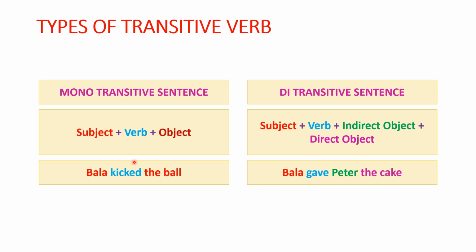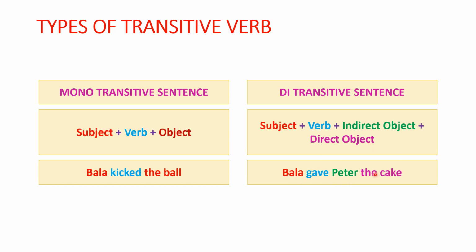And the example of ditransitive sentence is Bala gave Peter the cake. Here, Bala is the subject and gave is the verb. Peter is the indirect object and the cake is the direct object. Here, if we take out our indirect object, which is Peter, we still have a monotransitive sentence, which is Bala gave the cake.